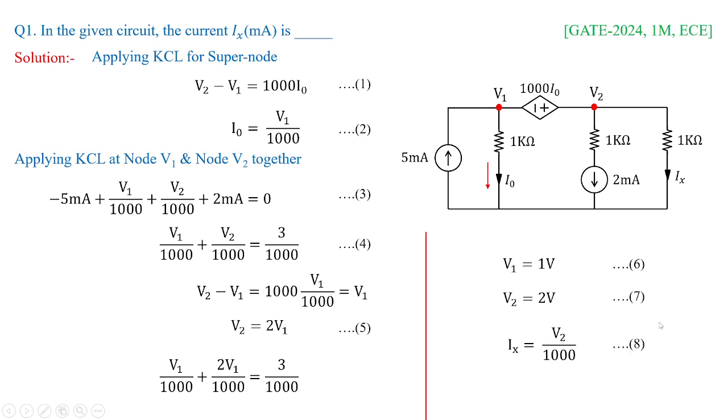Then it is easy to find the value of Ix, which is nothing but V2 by 1000. So we are going to get this current which is flowing in the 1 kilo ohm as 2 milliamperes.